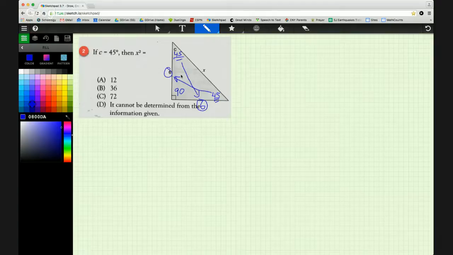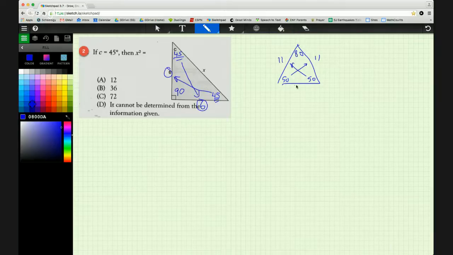This would work in any triangle: if this side was 50 and this side was 50 and this side was 80, then these two angles would have to be the same. And if this was 11, this would have to be 11.